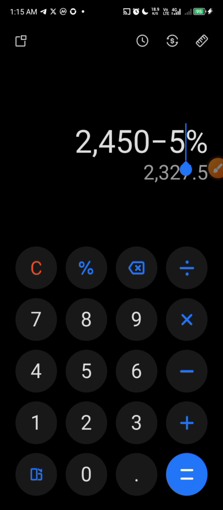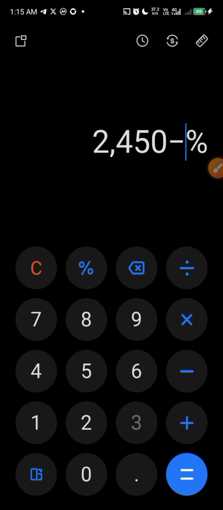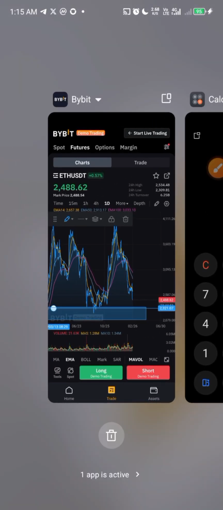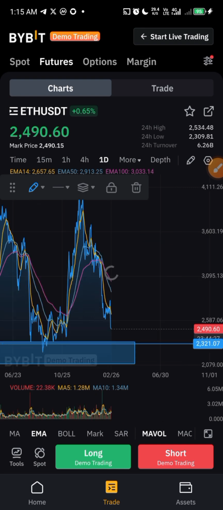Let's do 4%, 2,350. So 3%. Okay, let's go back to 6%, 2,300. So 6% loss is what we are looking at. 6% loss is not bad. So I know that I'm setting my SL at a 6% loss, which is 2,300.